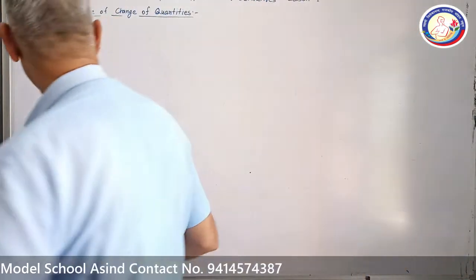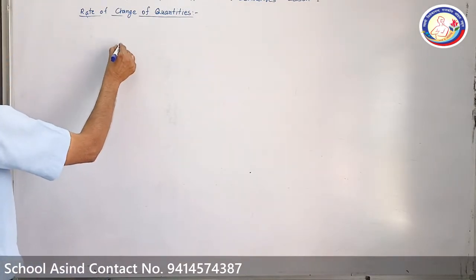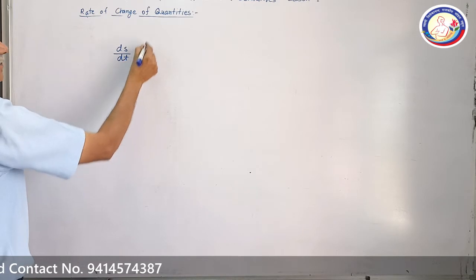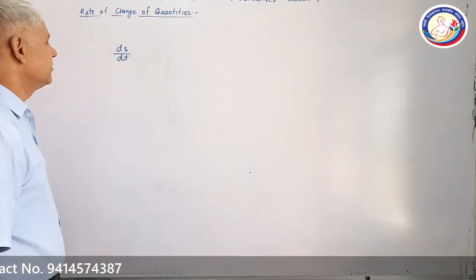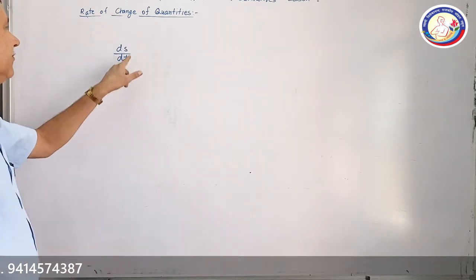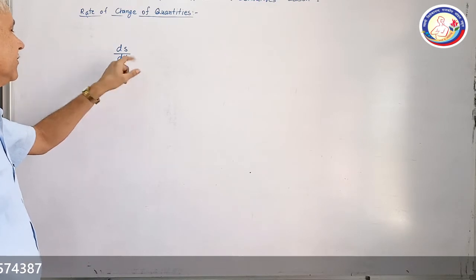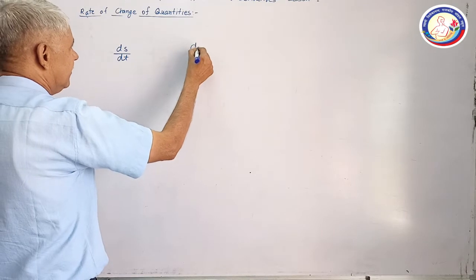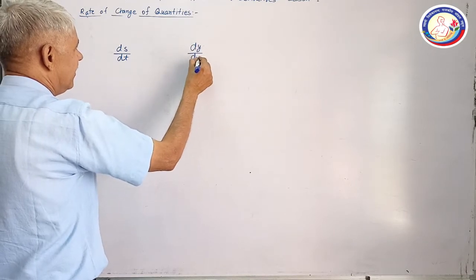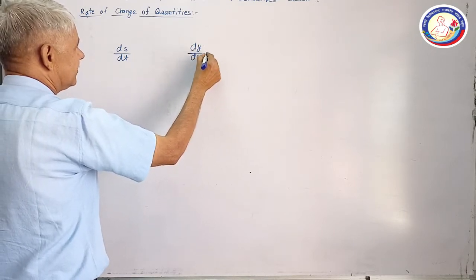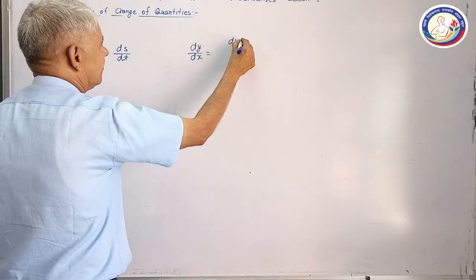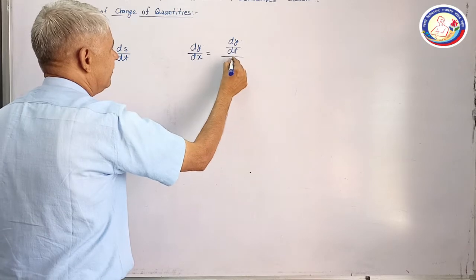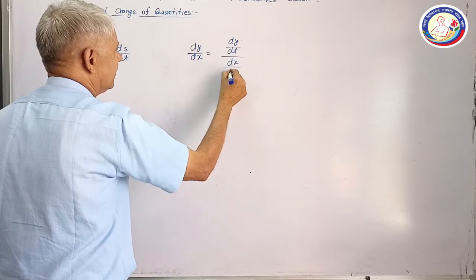We know if there is a quantity S and t is time, then ds by dt represents the change in S with respect to t. Also, we know that if we want to find the derivative of y with respect to x, it is equal to the derivative of y with respect to t divided by the derivative of x with respect to t.